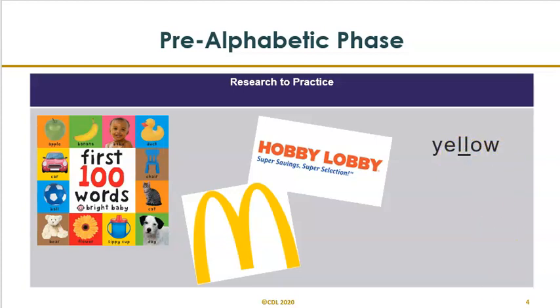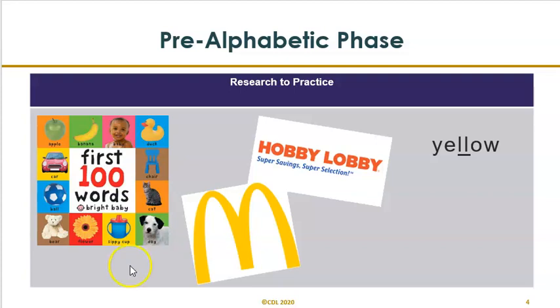If we took away the picture clues, if we took away the golden arches and just showed a child the word McDonald's, they wouldn't be able to recognize that word without the logo. Same as a lot of these first 100 words, if we took away the picture, children would not be able to know that word without that picture, that logo.